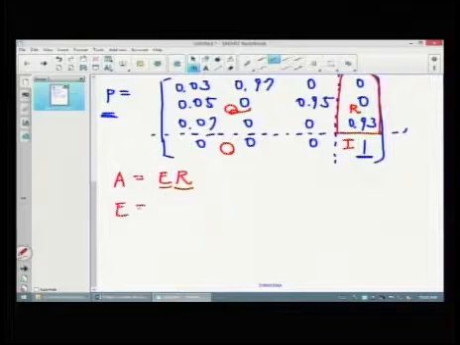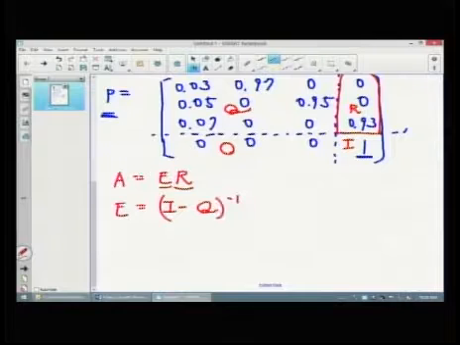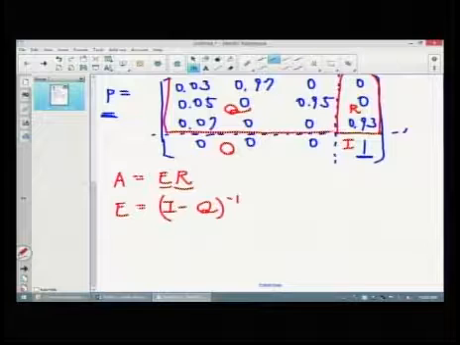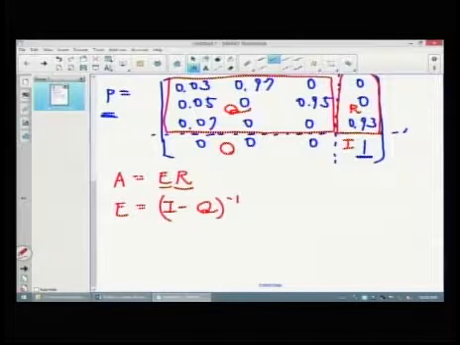So how do you get the E matrix? I minus Q, and then get the inverse, right? So we already have the Q matrix up here, which is 3 by 3.